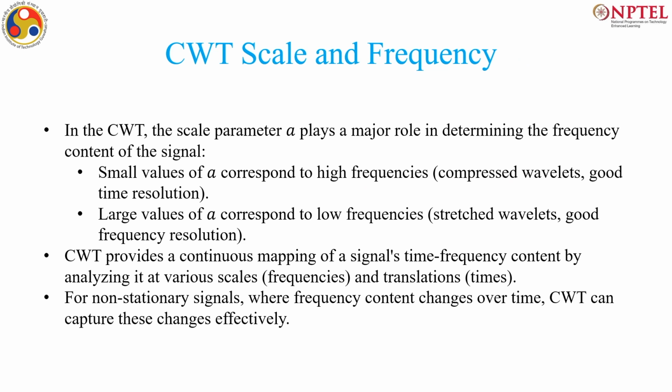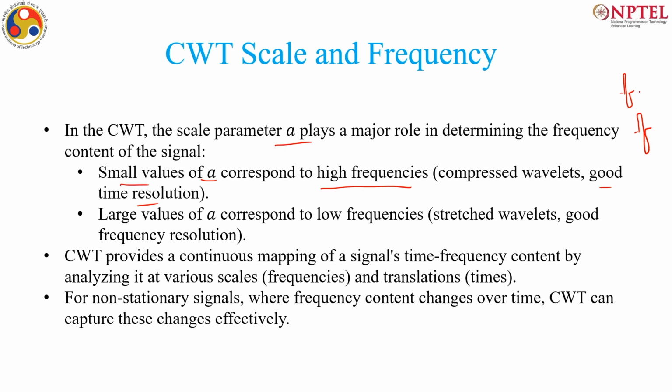So, what is the importance of CWT? In CWT, the scale factor is the major factor which is determining the frequency content of a signal. If your scale factor A is small, that means it is determining high frequencies because they are compressed wavelets, and here you get good time resolution because you have smaller versions.